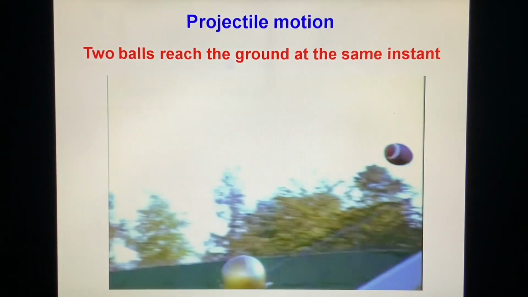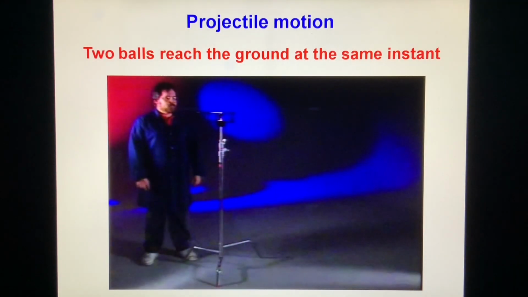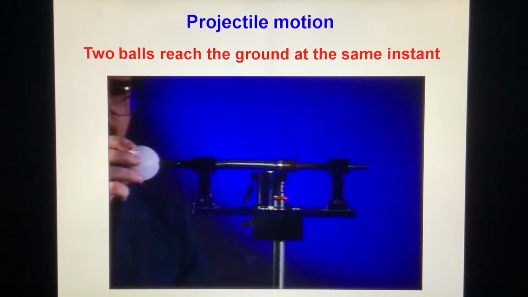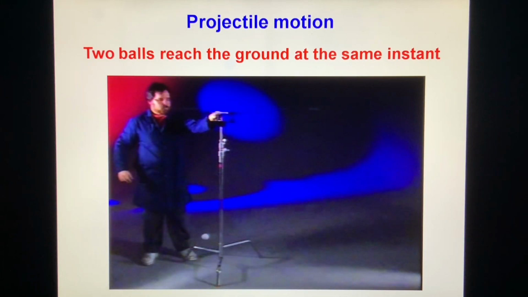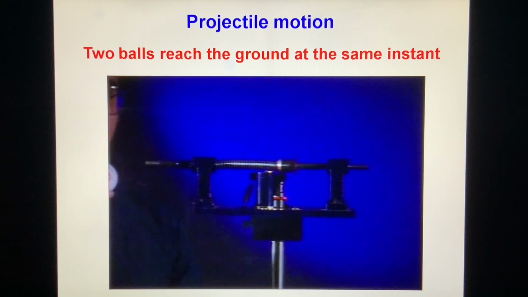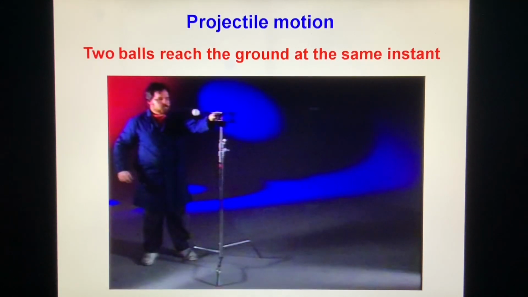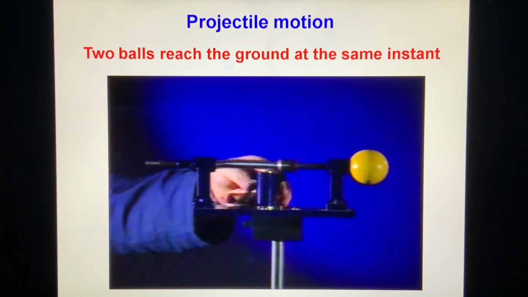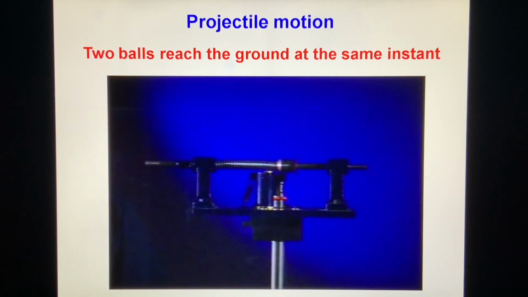How is the vertical motion of a falling ball affected by its horizontal motion? We'll use this device to find out. If a ball is loaded onto the back and the trigger is pulled, the ball falls straight down. If another ball is loaded on the front and the trigger is pulled, the ball both flies horizontally and falls vertically.